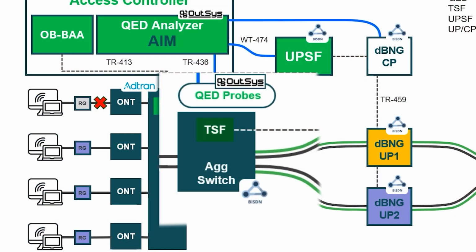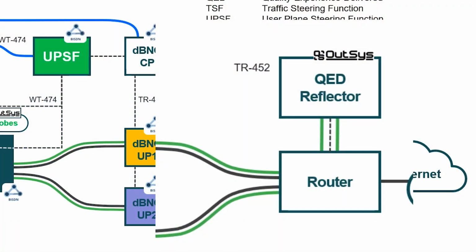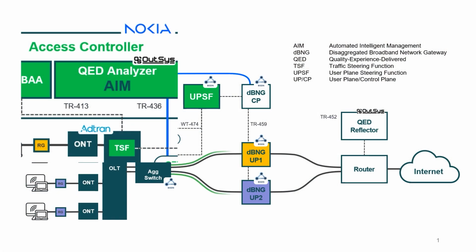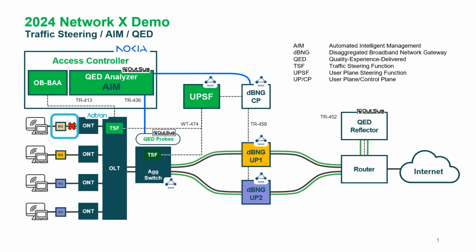In this specific demo, the QED probes are installed within the aggregation switch provided by BISDN and are containerized inside it. And the QED reflector is just a single-board computer deployed behind the router reflector. The QED Analyzer is installed inside the Nokia Altiplano framework, and for this demo, it continuously monitors the latency of the two BNG user planes and retrieves from the BNG control plane the number of active subscribers for each BNG user plane.